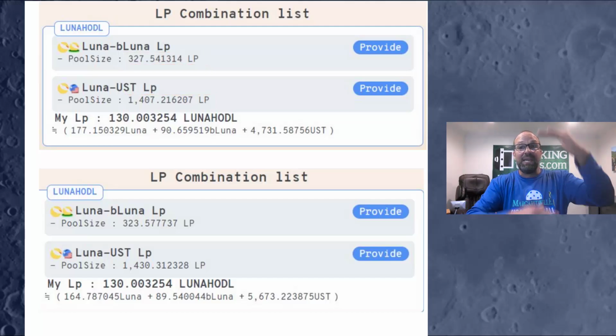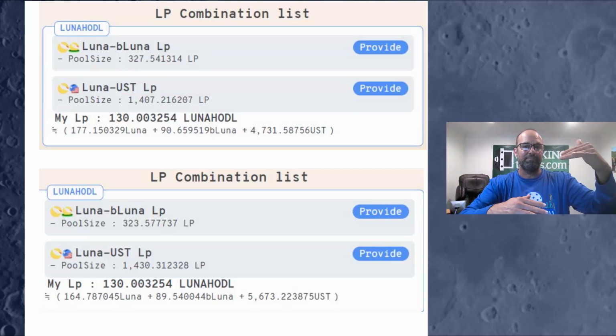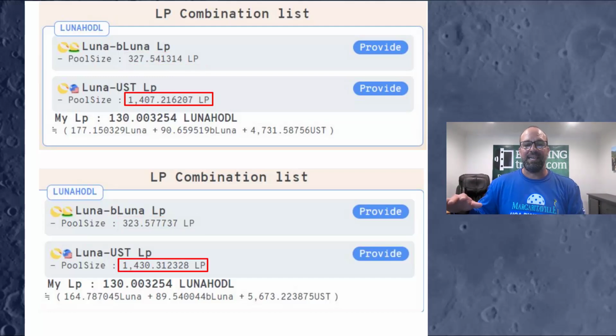There needs to be an equal amount or pretty close to it. Like, we know there's skew over time, but it needs to be pretty close. And what's interesting is 5 days later, there's actually less Luna, instead of 327, there's 323. And there's more Luna UST. Instead of 1407, there's 1430.